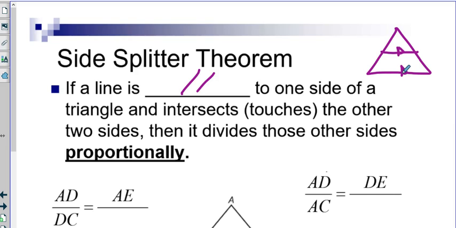It doesn't always have to be the base, okay? It could be like this. And this one is parallel to this one. So as long as it's a line parallel to one of the sides of the triangle.